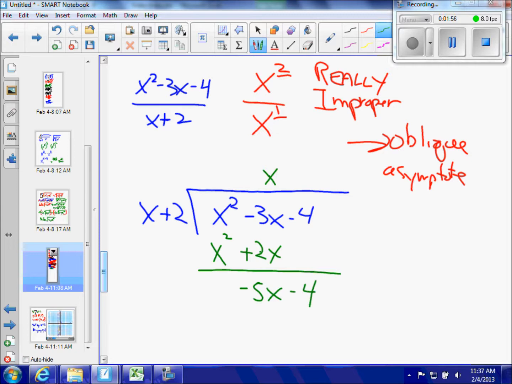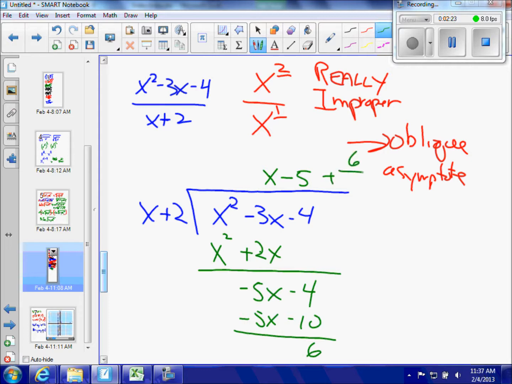And now I need to know what number times x is going to give me negative 5x. Well, that would be negative 5. Negative 5 times x is negative 5x. Negative 5 times 2 is negative 10. So I have here 4 minus negative 10 is positive 6, but the remainder doesn't really matter.